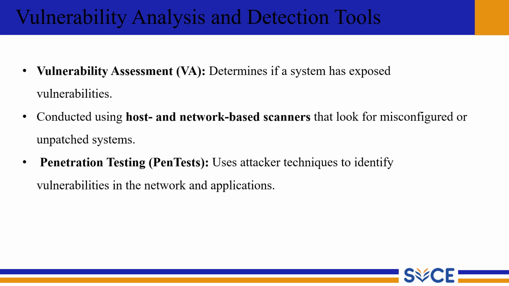A more aggressive method is penetration testing, sometimes called ethical hacking, which uses attackers' techniques to identify vulnerabilities. Pen tests must be carefully scoped, requiring a detailed briefing document defining the terms of engagement and what is in or out of scope for testing.